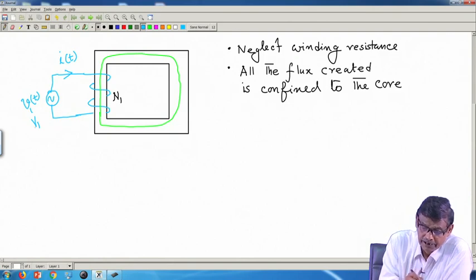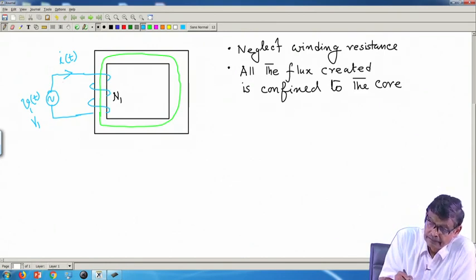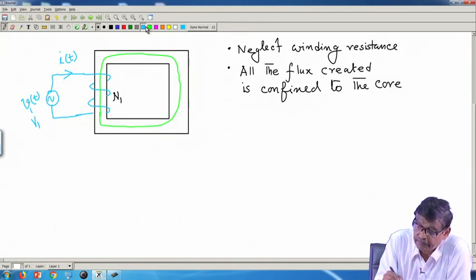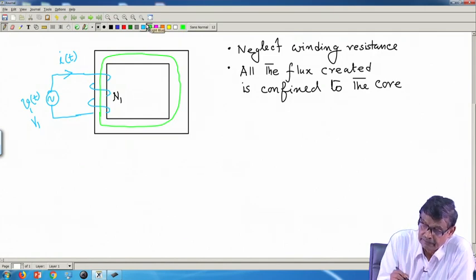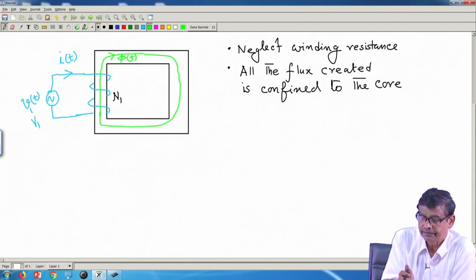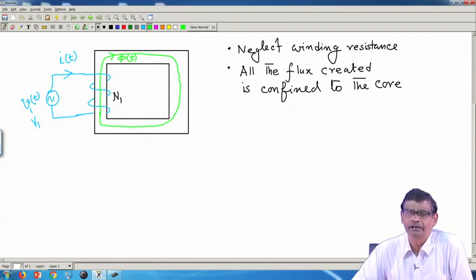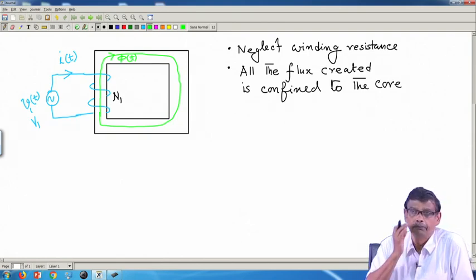Now, the moment this sinusoidal voltage is applied, the flux developed and the direction of the flux will also be time varying. When i is I max, phi will be phi max. When i is 0, phi will be 0, because the current is expected to be sinusoidal. And therefore, it will be like this.